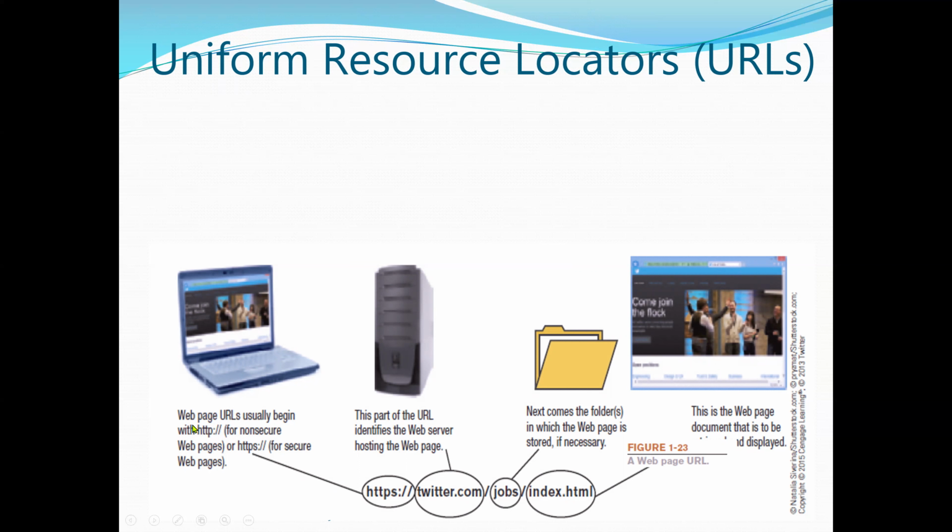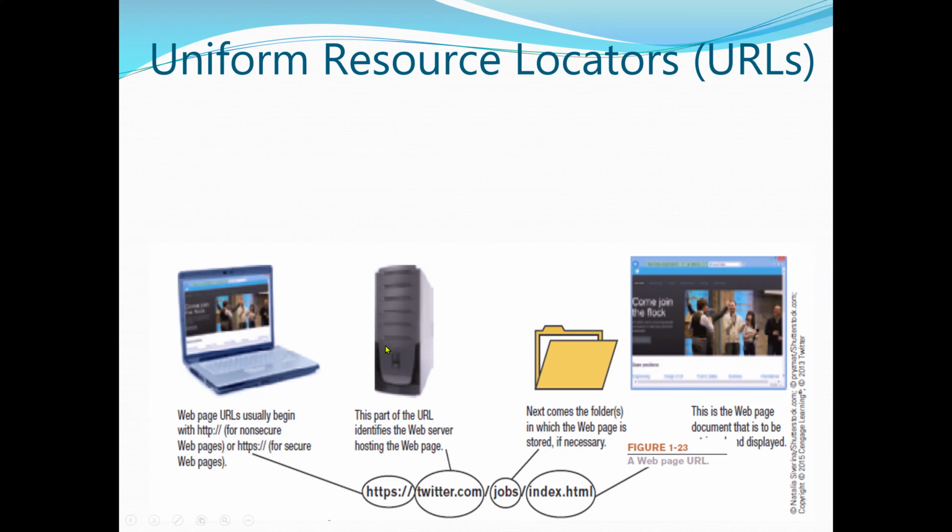HTTP is a special protocol for networking, the hypertext transfer protocol. And then from there, we have our web server. This part of the URL identifies the web server hosting the web page.